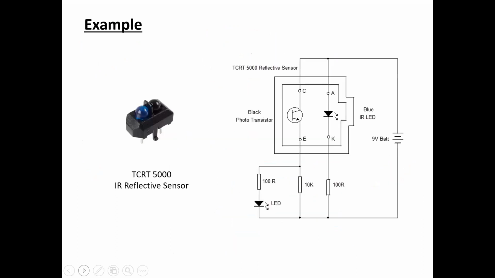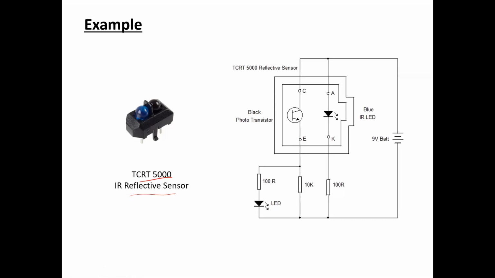Now, similarly, an example of how phototransistors can be incorporated to form a particular sensor. Here we are also considering a sensor which can be used to detect nearby objects, or calculate the distance of a nearby object. This is the TCRT 5000 IR reflective sensor, and many of you may have used this for different projects.